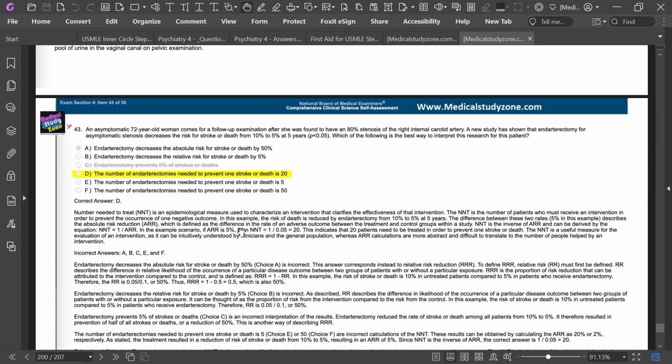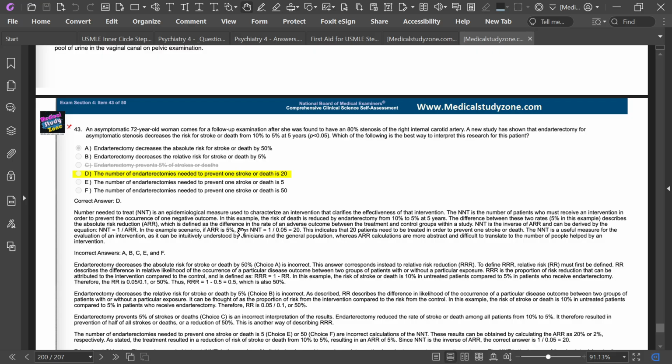In this example, the risk of death is reduced by endarterectomy from 10 to 5% at 5 years. The difference between the two rates is 5%.